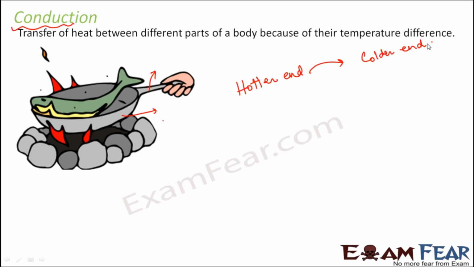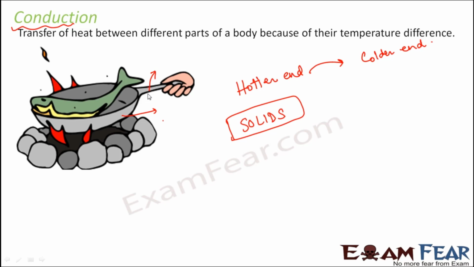Conduction is the most important mode of heat transfer in solids, because by looking at the definition itself, you can understand that it takes place in solid objects. In solids, they get heat only by conduction. Again, as we discussed in the previous slides, it is not necessary that all solids will conduct heat, because there are many solids which do not conduct heat, the insulators, for example, plastic.